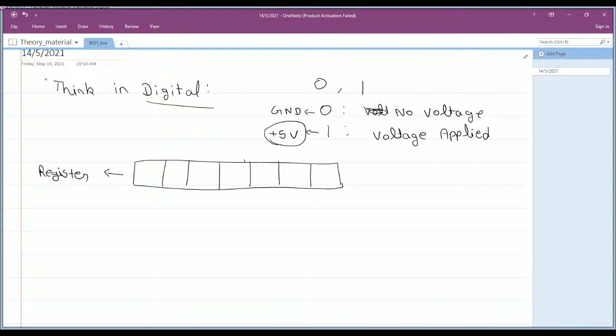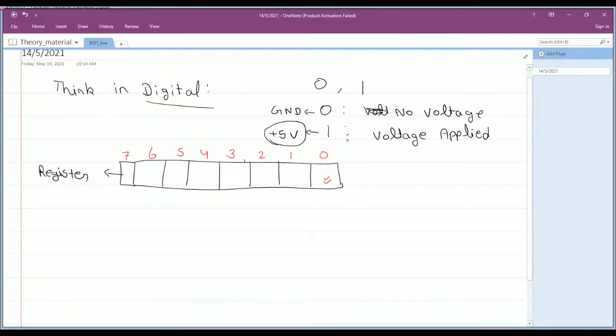A register is a memory device which has these locations, and on these locations you can store data. These are the memory locations, inside which you can write 0 and 1, and these are the location numbers: 0, 1, 2, 3, 4, 5, 6, and then this is memory location 7.